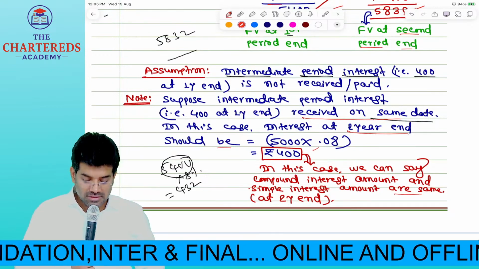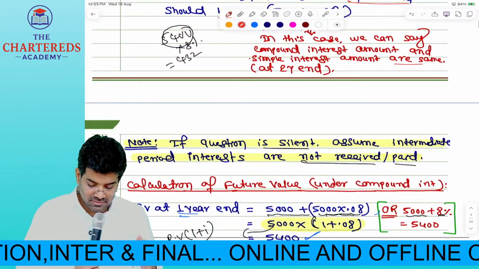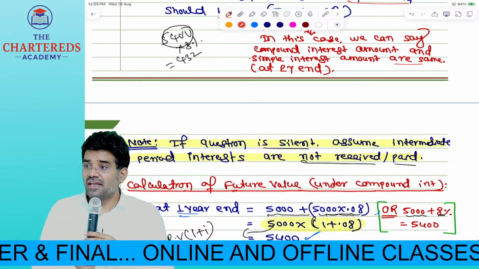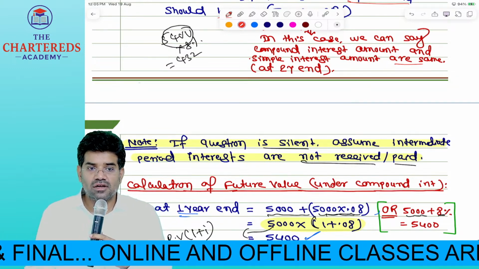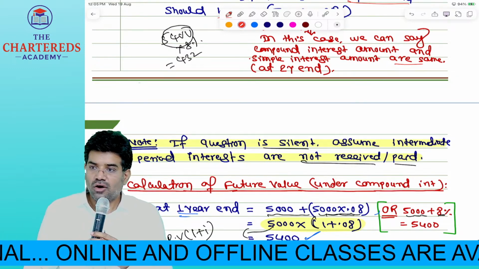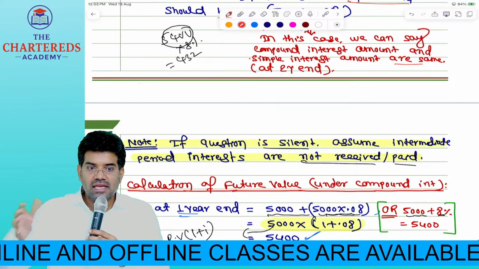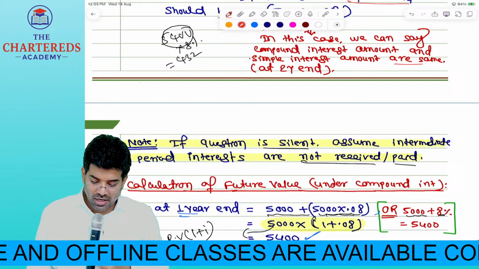Done? Yes. In the question, if nothing is mentioned regarding whether interest is received or not, what is the assumption we should take? Always we should assume that it is not received. It is reinvested only. That point also you can write.